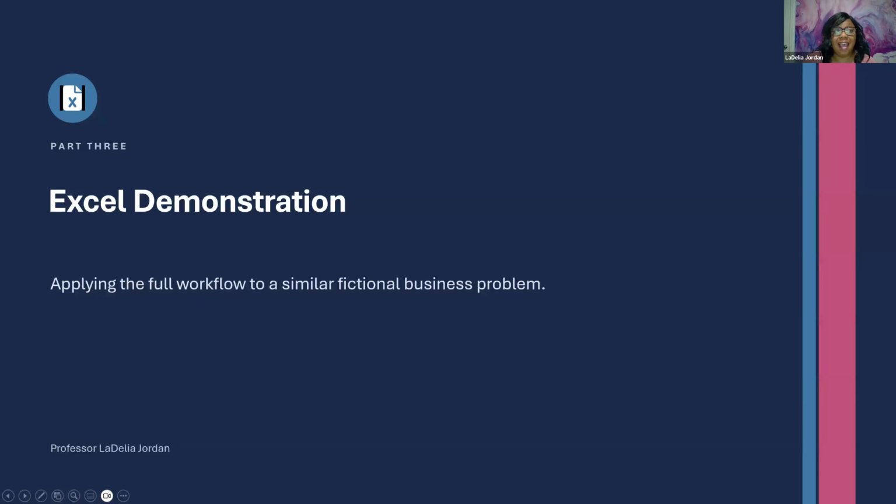All right, time for a demo. We've covered the concepts and now we're going to apply the process in Excel. During this demo, I'm going to work through the full sequence from the data to the final interpretation. The spreadsheet example will use a different example from what I went through here, but you're going to be able to see that the process transfers to other situations.